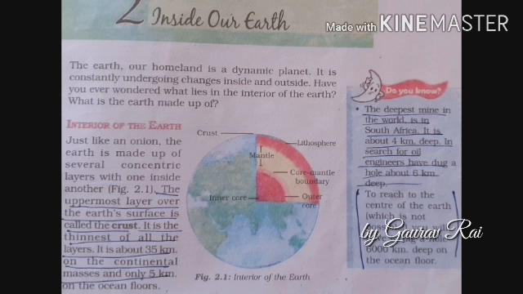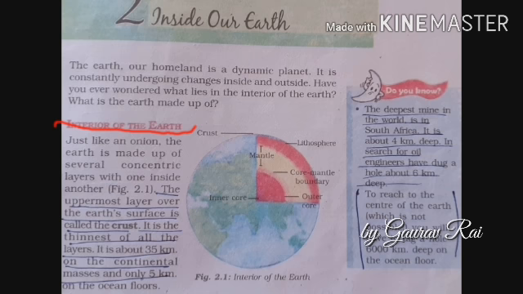So in this chapter, we will know what is inside the Earth and what the Earth is made up of. Come on, the chapter Interior of the Earth, Inside Our Earth.